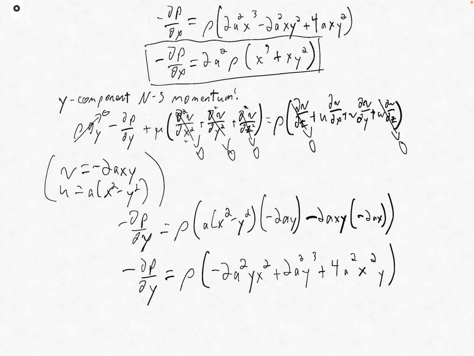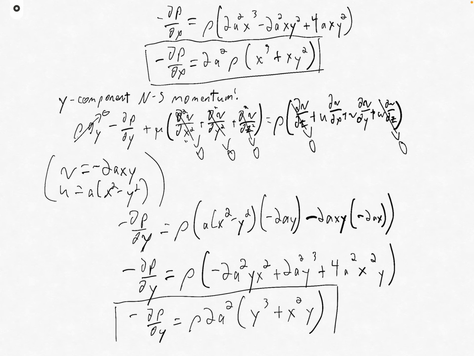And so again, we're going to get something that simplifies dp dy to rho times 2a squared times the quantity y cubed plus x squared y. That's right, this is going to be minus dp dy is equal to that.